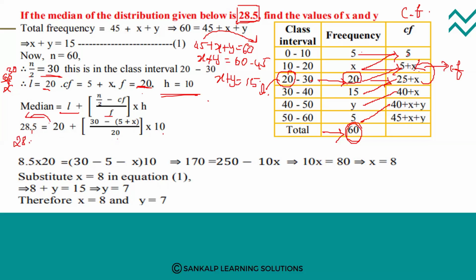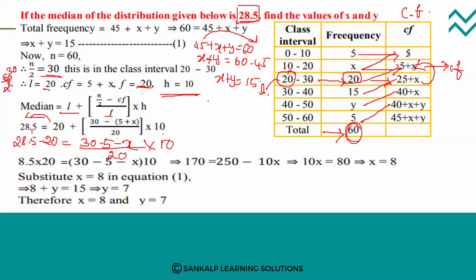Then it is 28.5 minus 20 is equal to 30 minus 5 minus into plus, that is minus X, divided by 20, into 10.